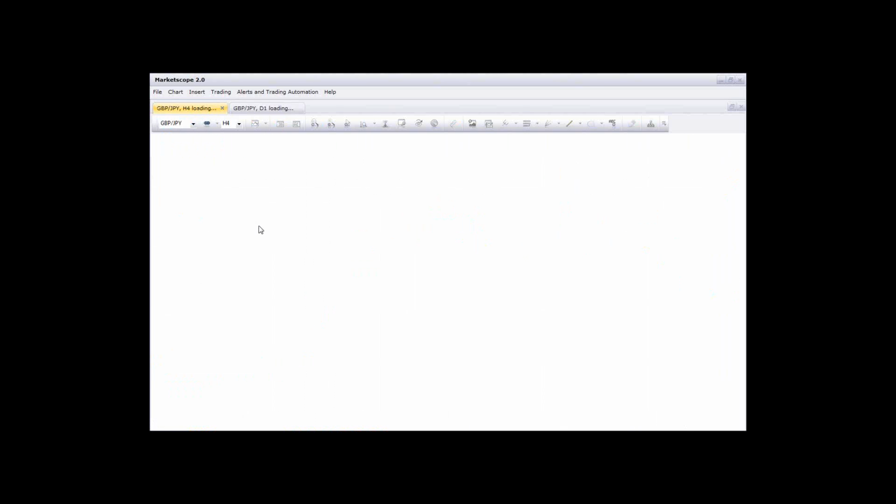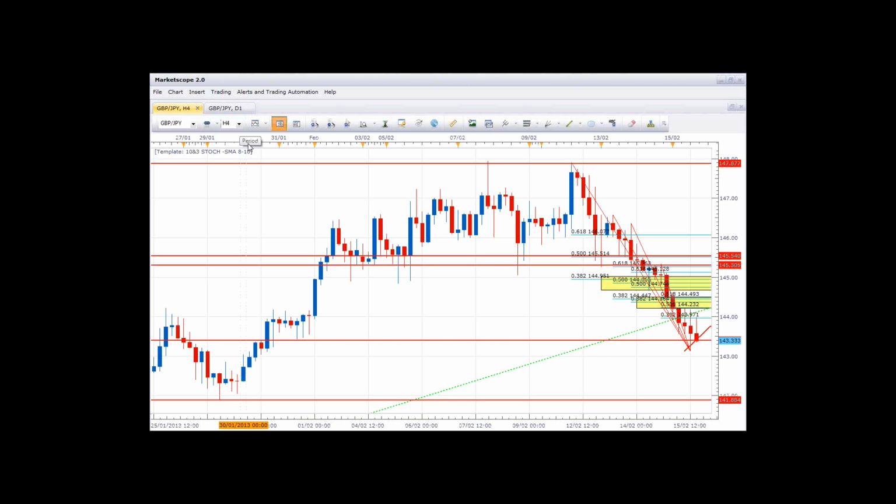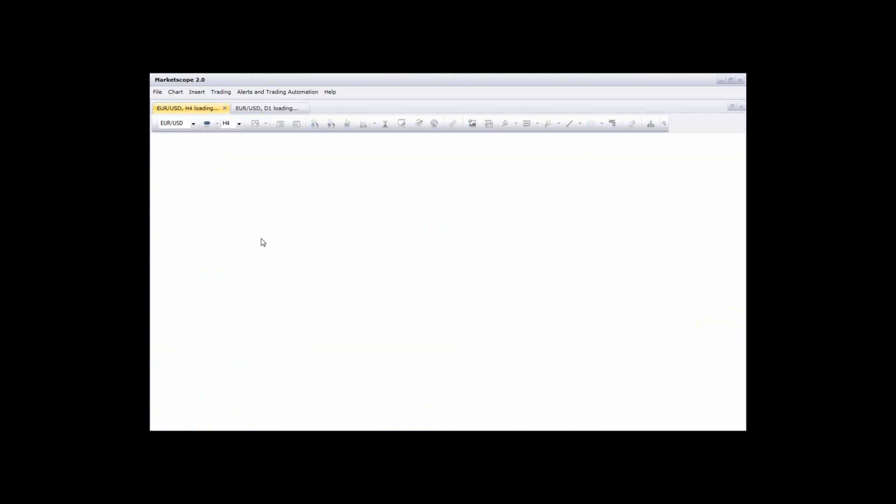I'm still short the euro dollar, and I think the euro dollar is just tanking. So let's have a look. Yeah, back to 133.29. All right, here's another example.